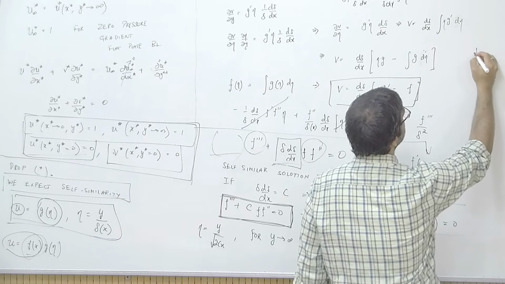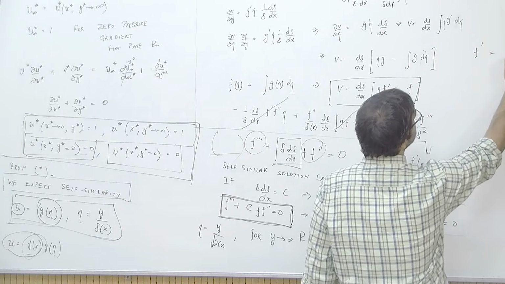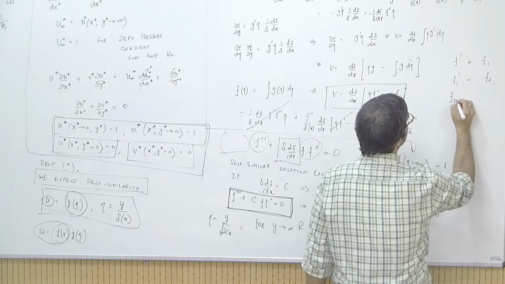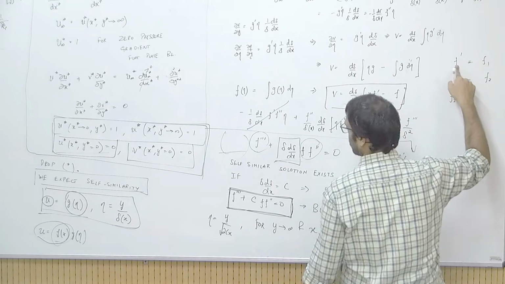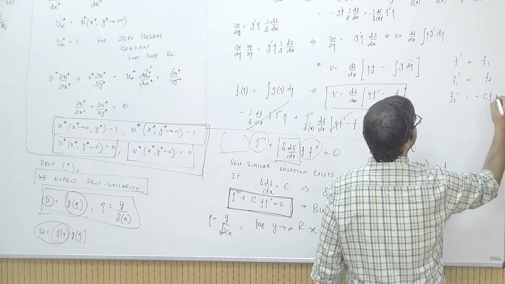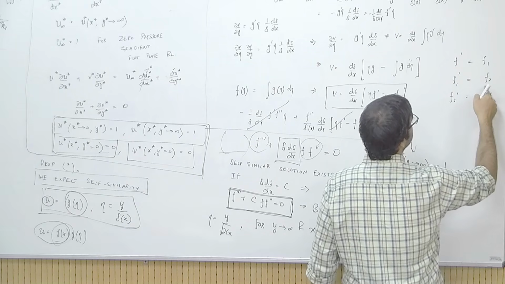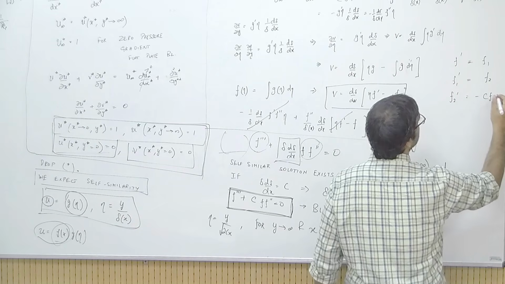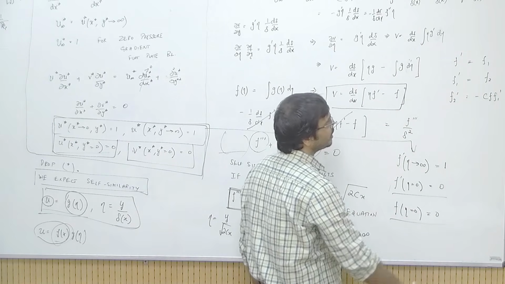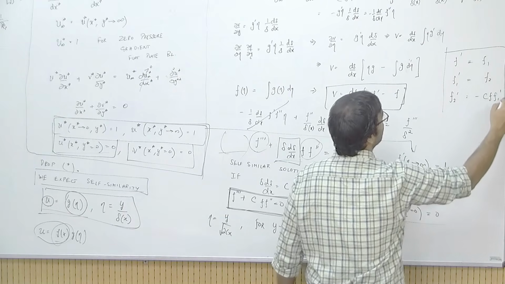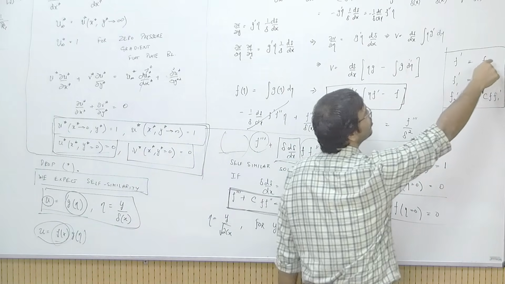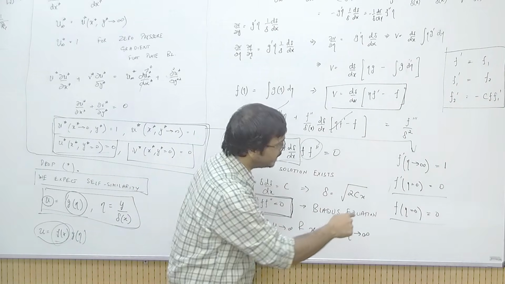You say that my f prime is some f1, f1 prime is some f2, and f2 prime, which is f1 double prime or f triple prime, is minus c f times f double prime, which is f1 prime. So, this way you have converted your equation into 3 first order ODEs, and then you assume some values of these at eta equals 0.